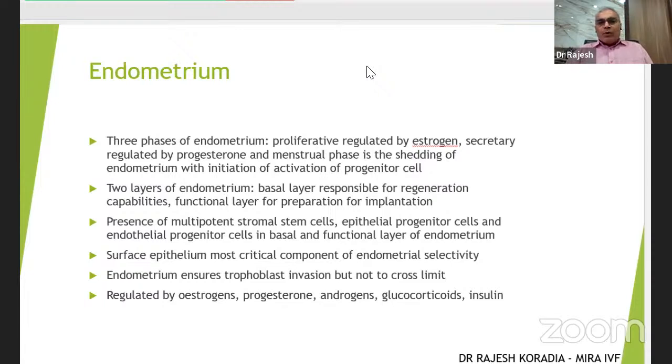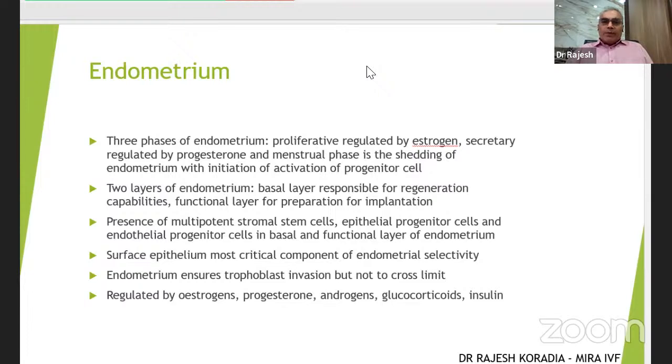The surface epithelium is the most critical component of endometrial selectivity. The stroma does not have the selectivity that the surface epithelium has. The endometrium ensures trophoblast invasion but does not allow it to cross the limit.